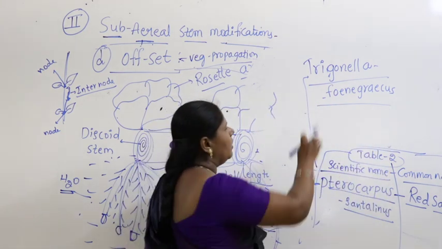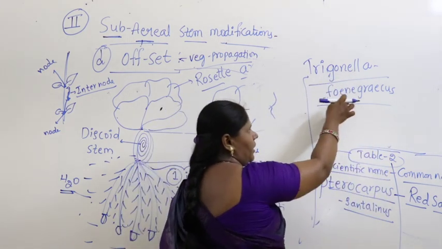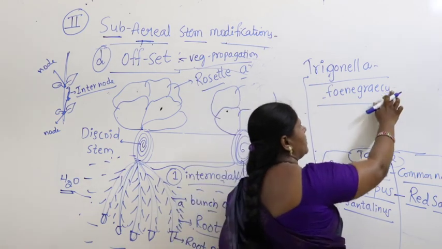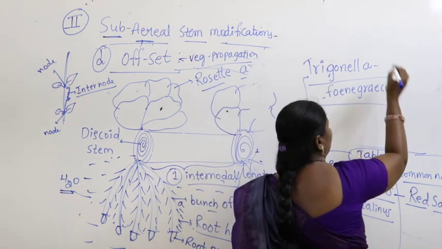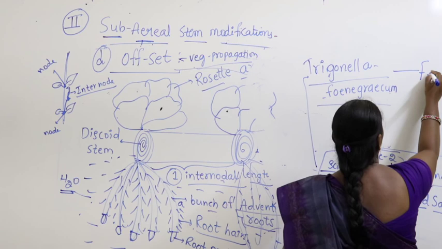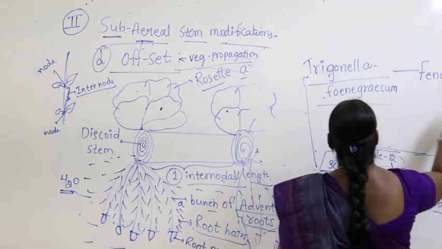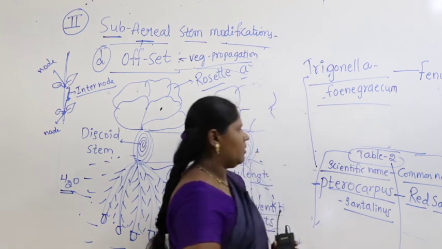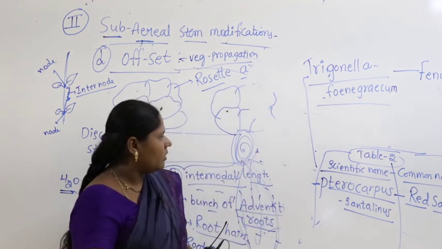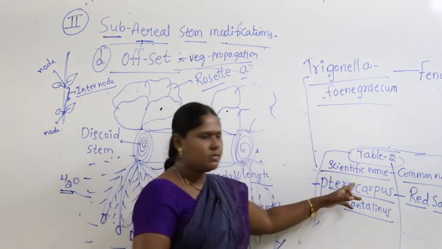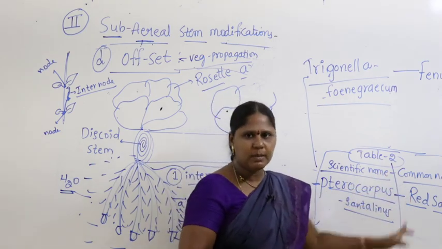Trigonella, I repeat, Trigonella phenygrichum. It's commonly called fenugreek. So I repeat again, let us take 2 scientific names for 2 common names.